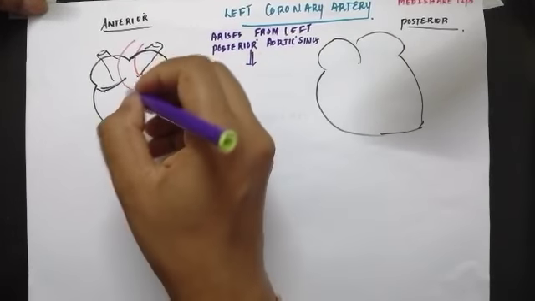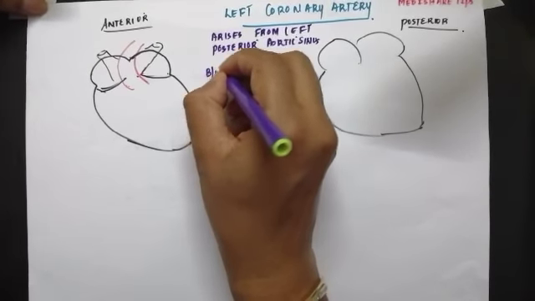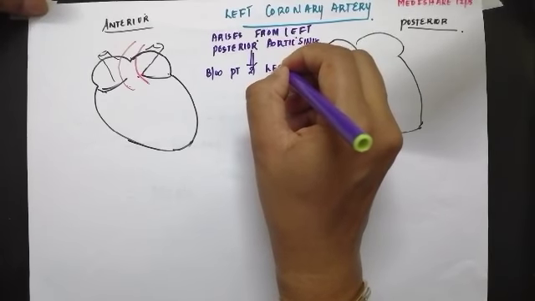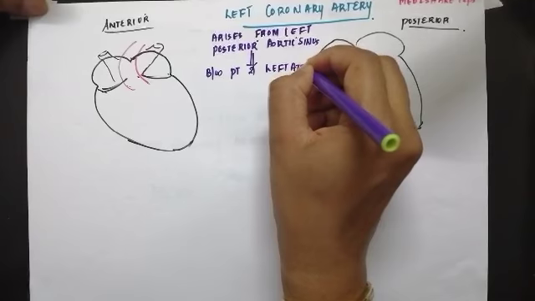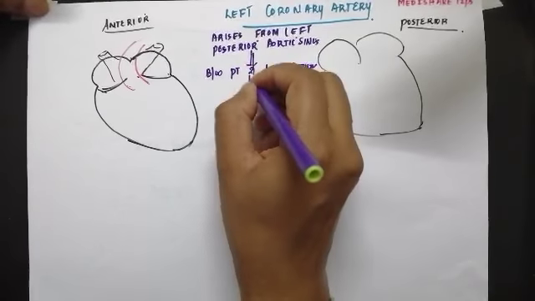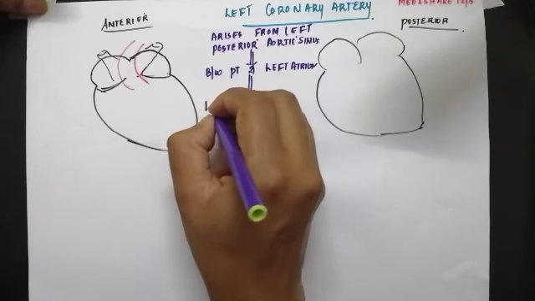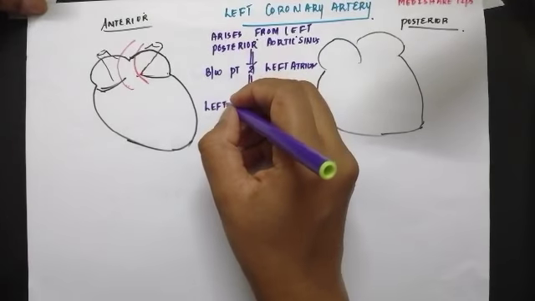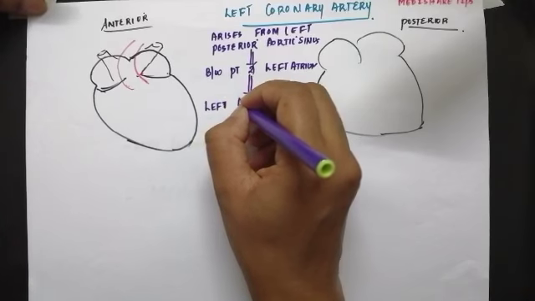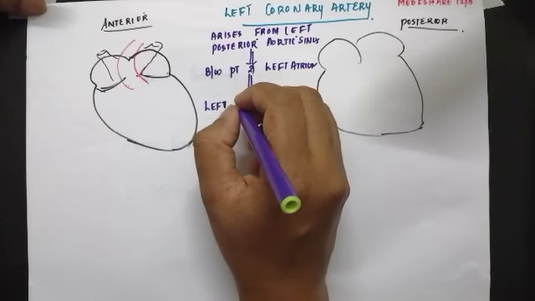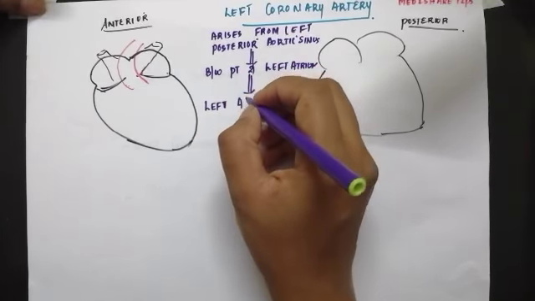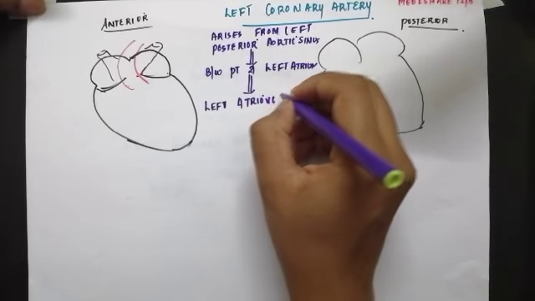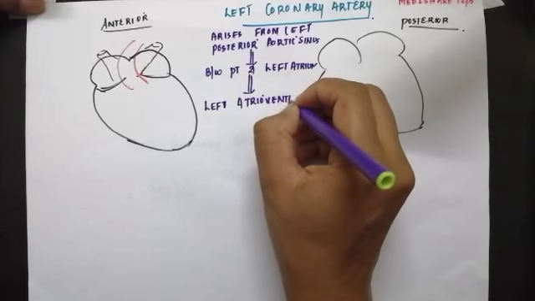Then it passes between the pulmonary trunk and left atrium. Then it passes through the left atrioventricular groove.